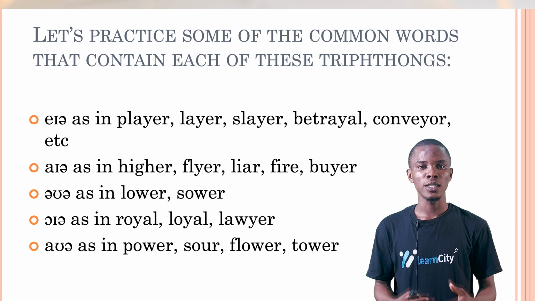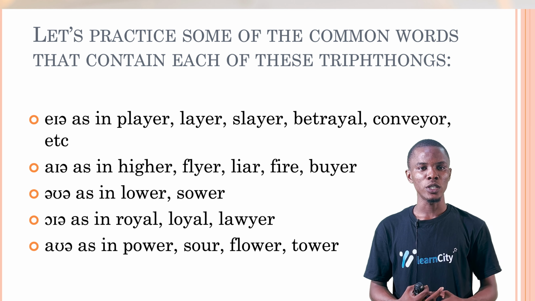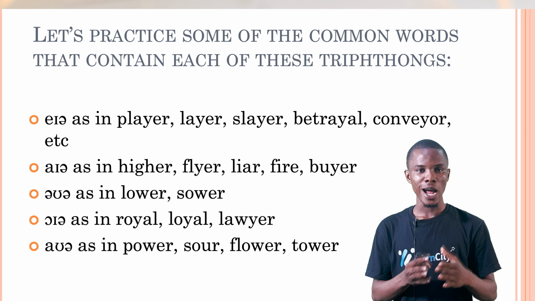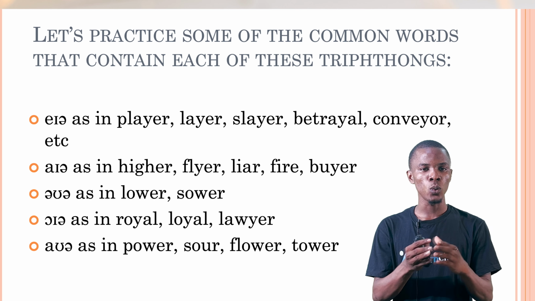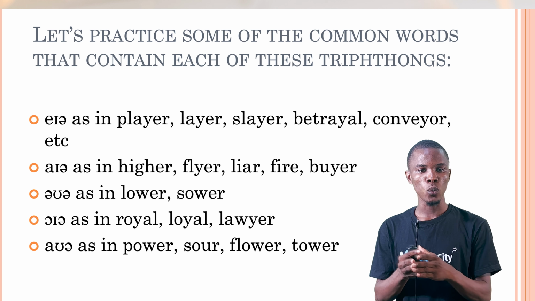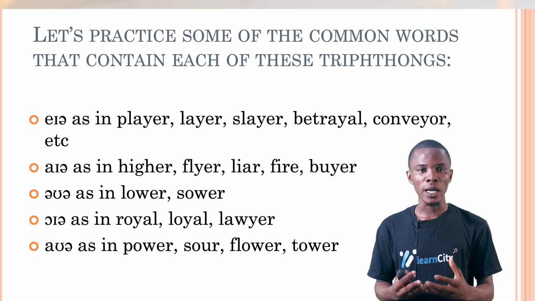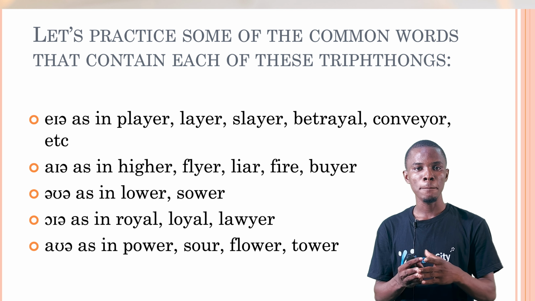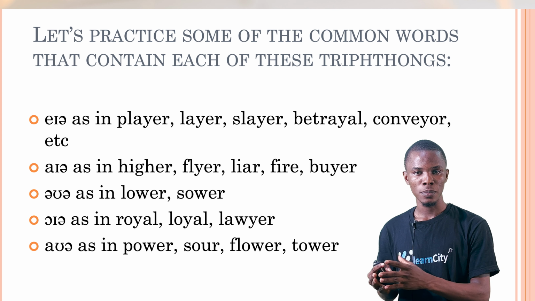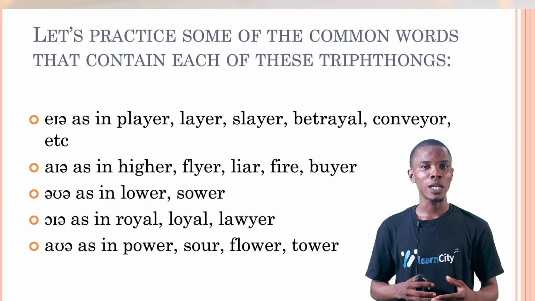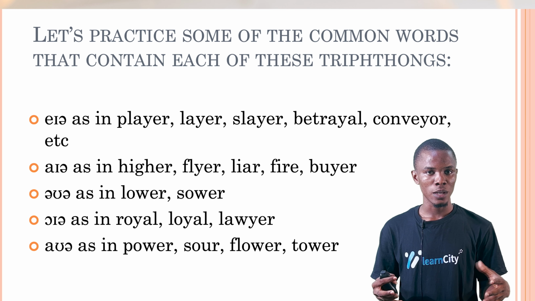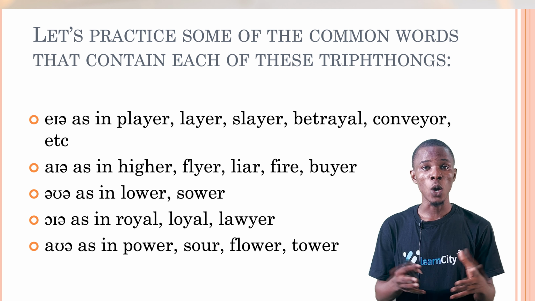So let's consider the last one here, which is "hour". You have a word like power. You have a word like tower. You have a word like sour, like the soup is sour.